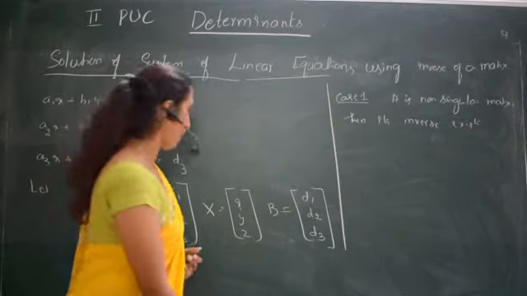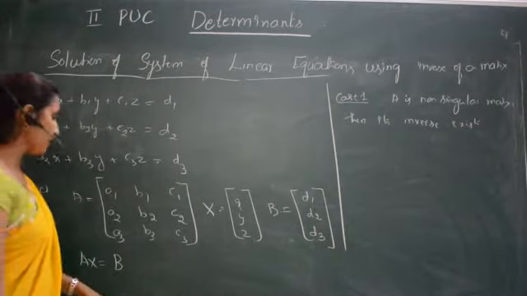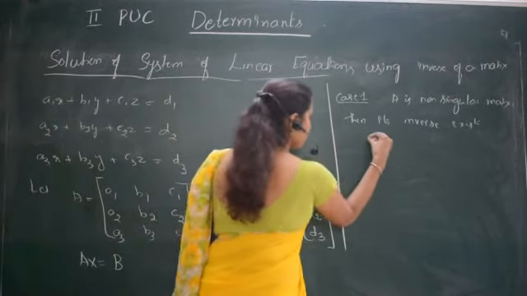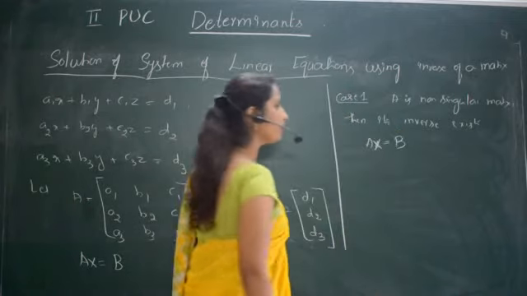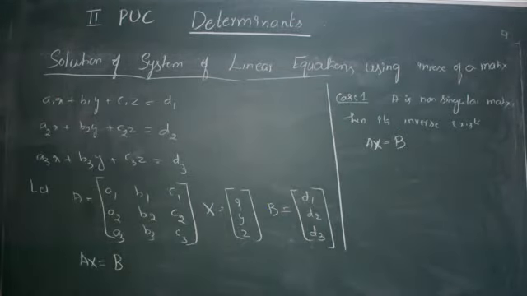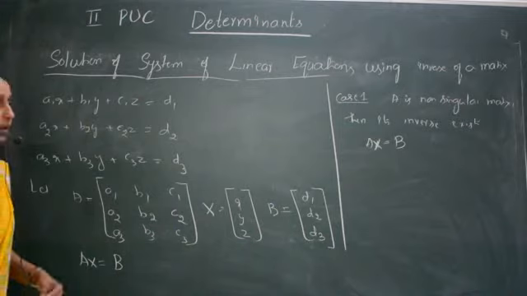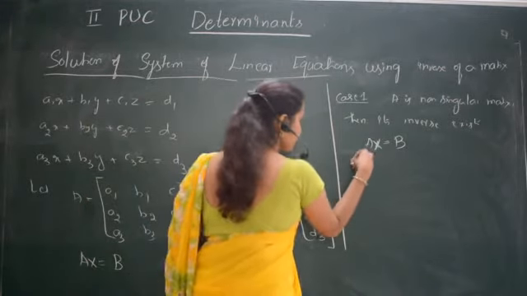Next, already we got the relation AX is equal to B. What I'll do is pre-multiply this equation by A inverse.